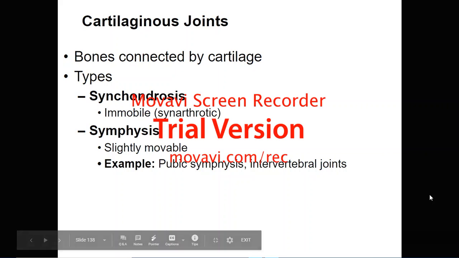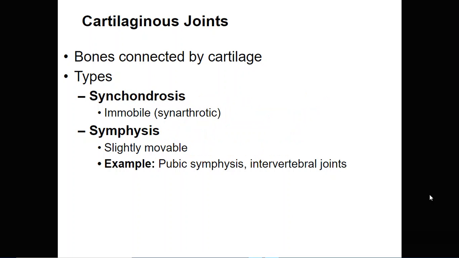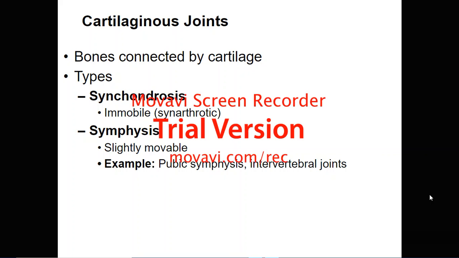The next type of joint we're going to talk about is cartilaginous joints. So there are two types of cartilaginous joints, synchondrosis and symphysis, and we're going to talk about each one in more detail on the next couple of slides. But in general, cartilaginous joints are the articulating bones united by cartilage.